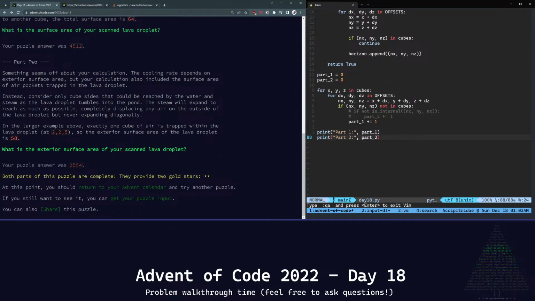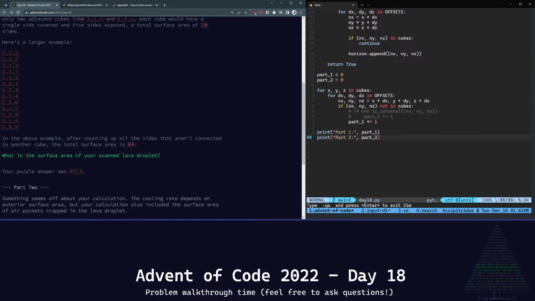So now for part 2, you have to consider that all of the cubes here might make like a big round shape that encloses another cube.